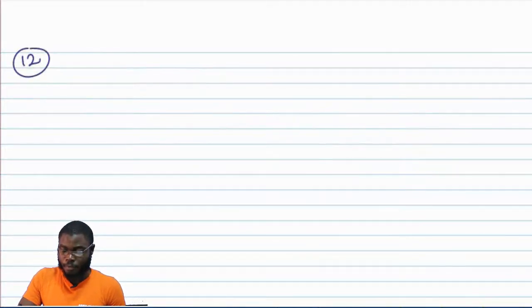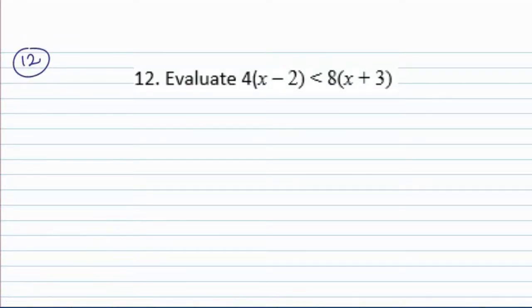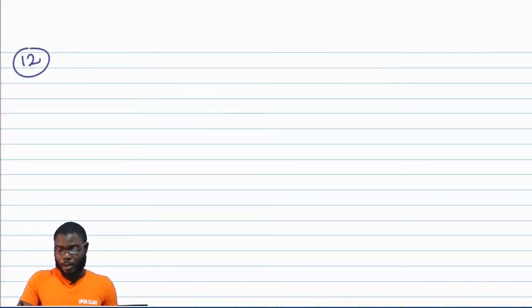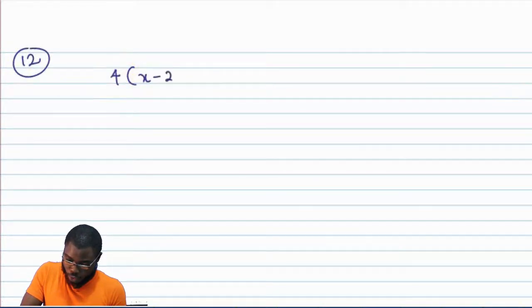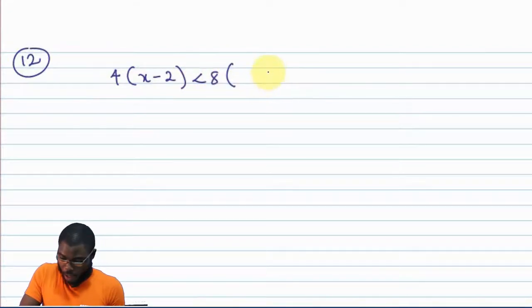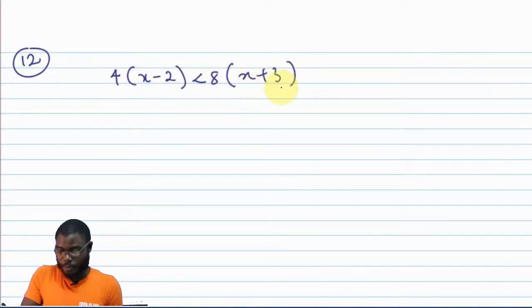Question number 12. We have: evaluate 4 into x minus 2 less than 8 into x plus 3. So we have 4 into x minus 2, less than 8 into x plus 3.